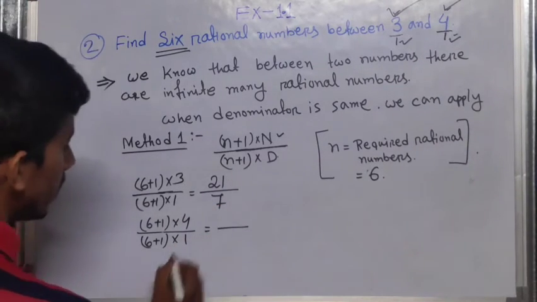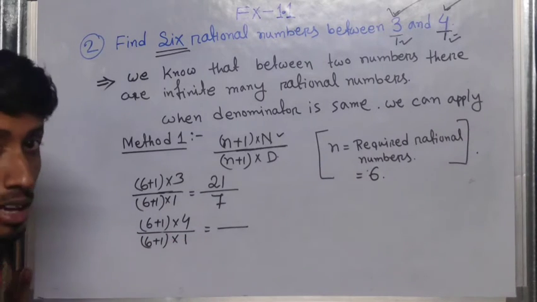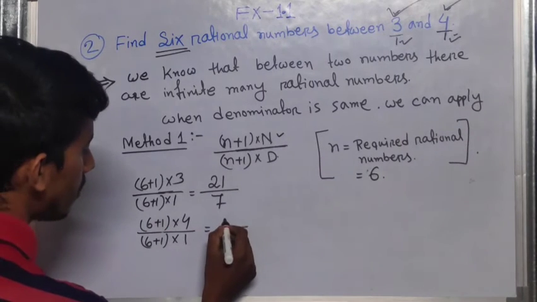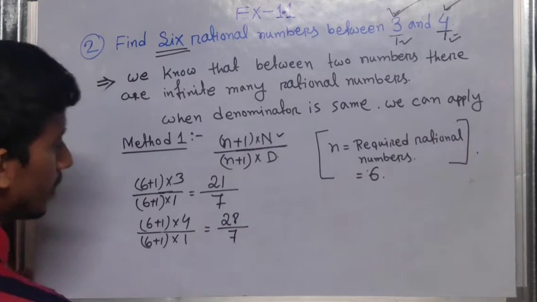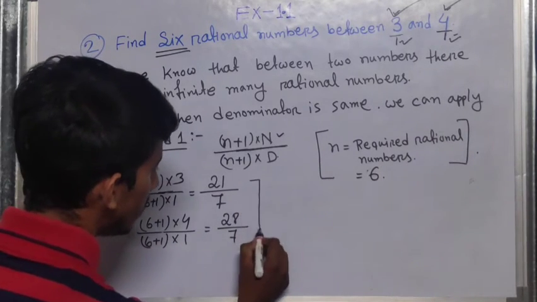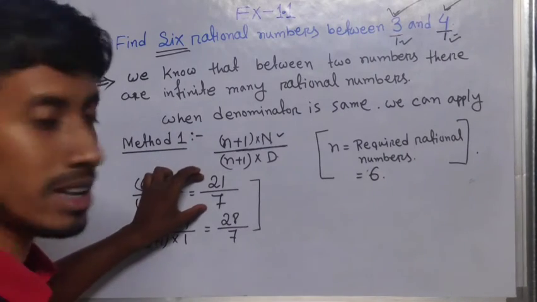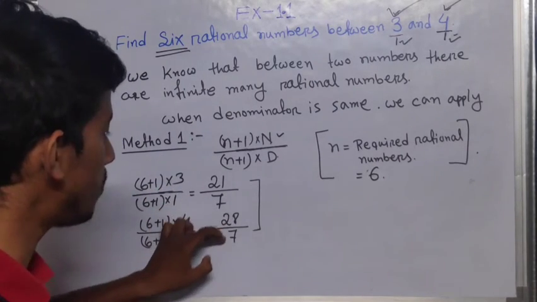So 6 plus 1 is 7, 7 4s are 28, and 7 into 1 means 7. So now the rational numbers are 21 by 7 and 28 by 7.